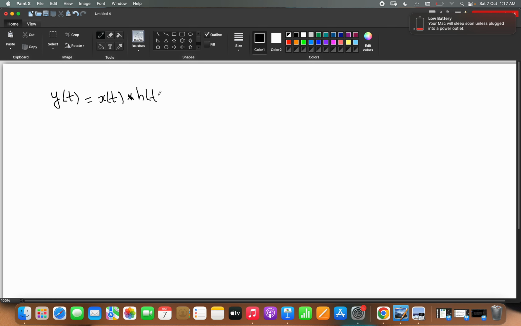and we will summarize the result obtained for the previous 5 cases. Case 1 is t lesser than 0. For this case we got the convolution value as 0. Case 2 is t greater than or equal to 0 and lesser than or equal to 1. For this case we got the value t.